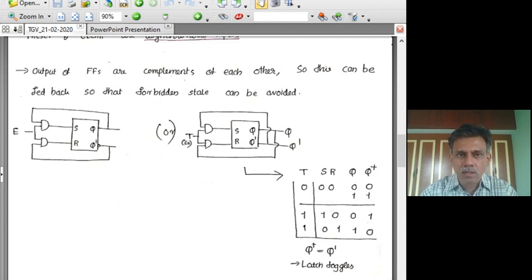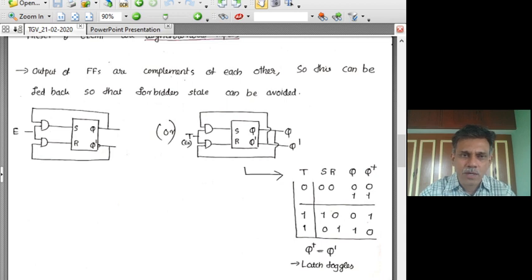That is why we use this symbol T to represent this input. So if you want this latch to retain its state or the output, make T equal to 0. Whenever you want this latch to flip or toggle its state, you just give a 1 to this T input.